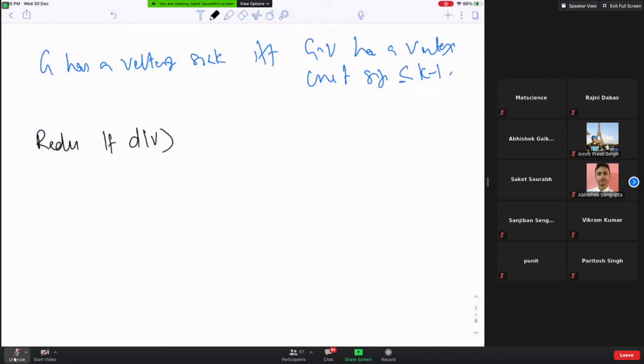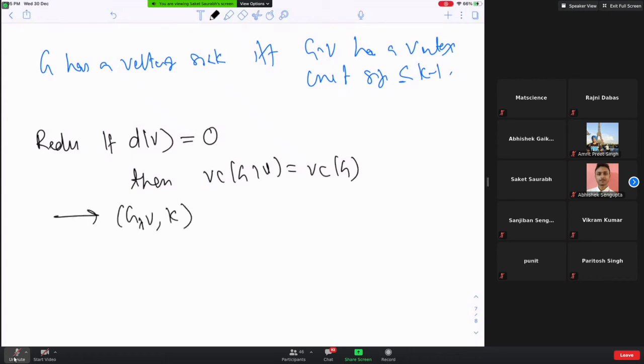If the degree of V is equal to 0, then what can I say? It will not be in the vertex cover, because it doesn't need to, because it doesn't cover anything, right? Then the vertex cover of G minus V is the same as the vertex cover of G, right? So then we can say G minus V and look for a vertex cover of size at most K.